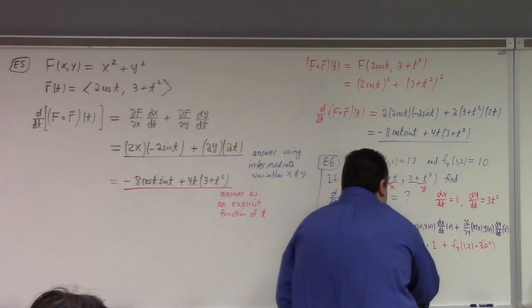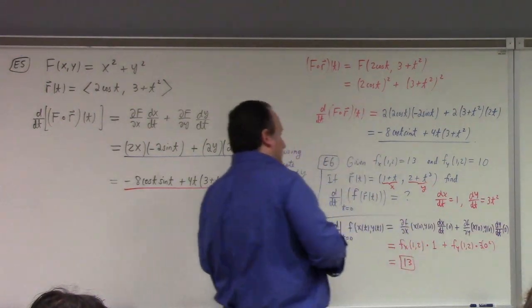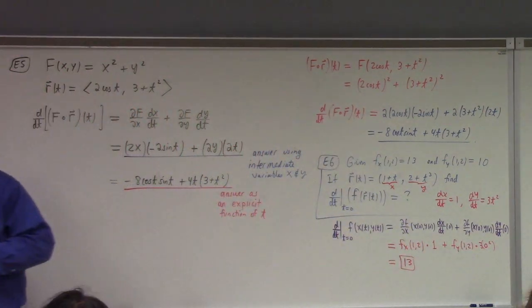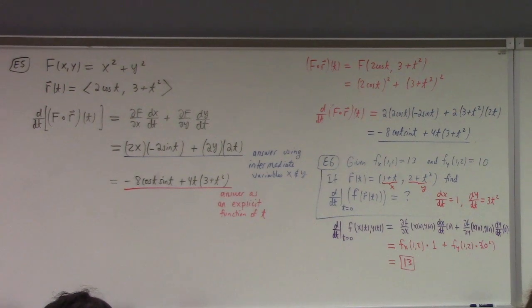In other words, the answer is 13. But here I can't calculate the gradient of f. I don't have the formula. I have to use the chain rule. You see, it's unavoidable.